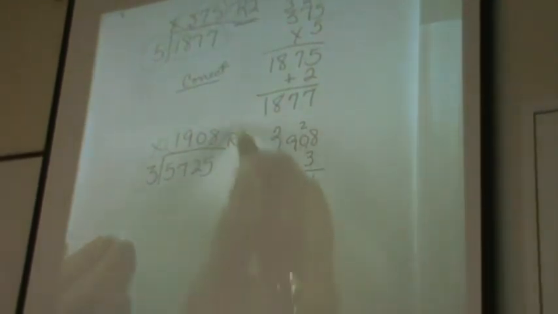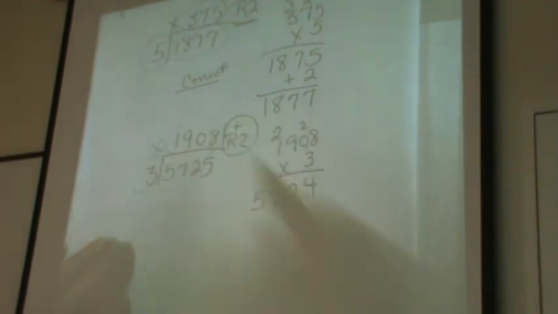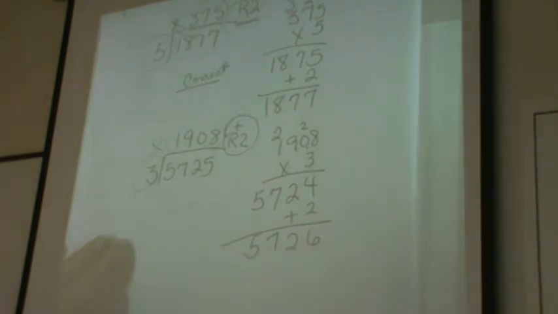Okay, now we're going to add 2. 4 plus 2 is 6. Did that come out correct? No? It's one too many.